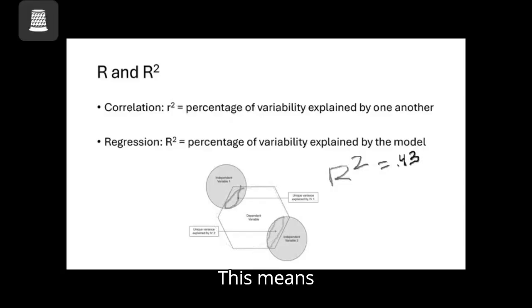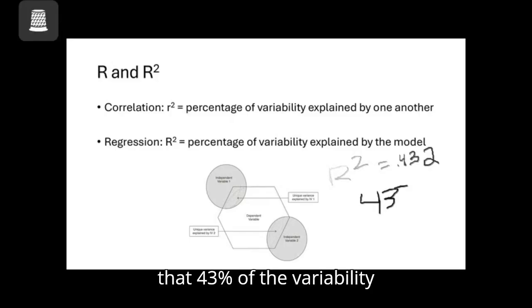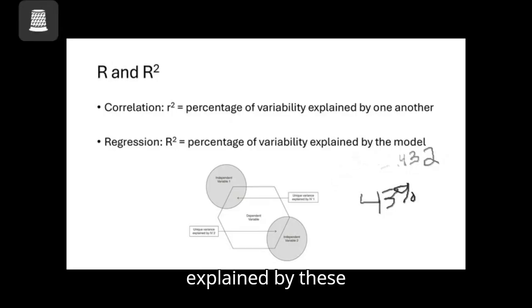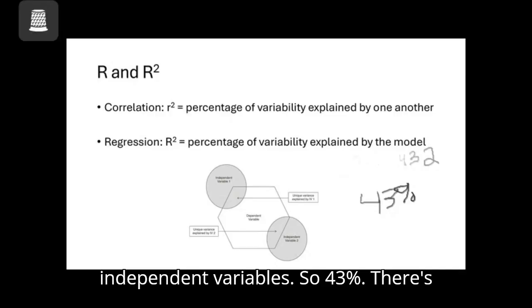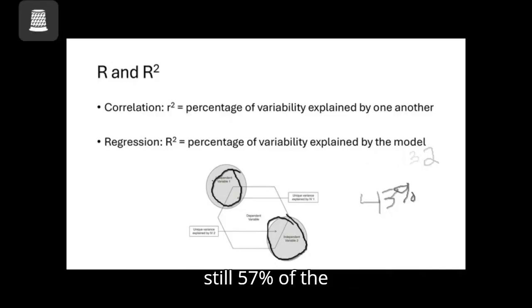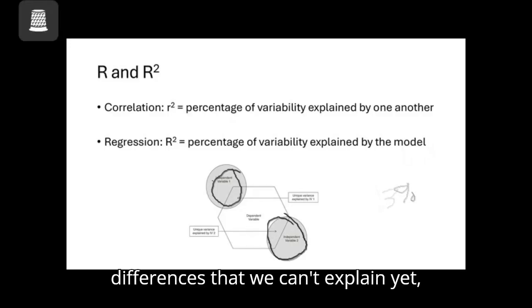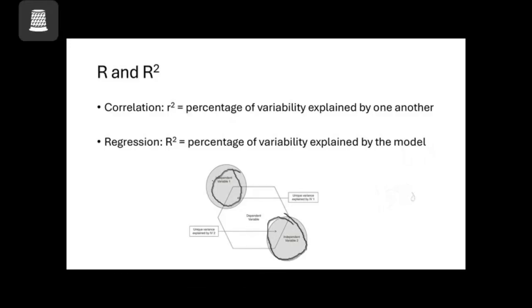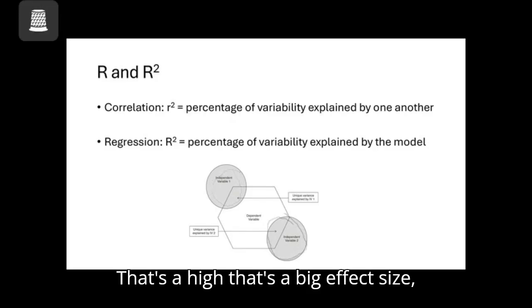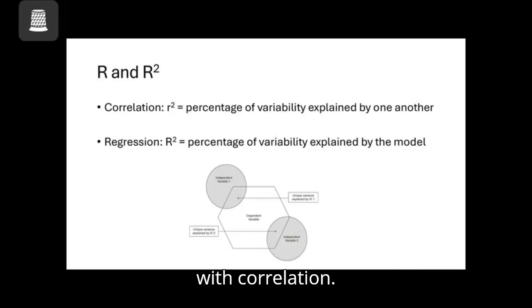This means that 43% of the variability in depression is explained by these independent variables. So 43%. There's still 57% of the individual differences that we can't explain yet, but we can explain 43% of it. That's really good. That's a big effect size because we're still using those same effect size measurements as we had done with correlation.